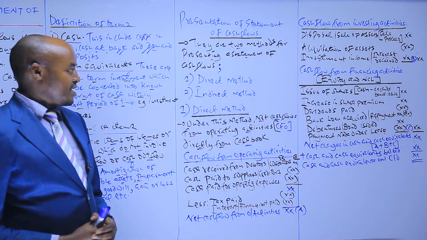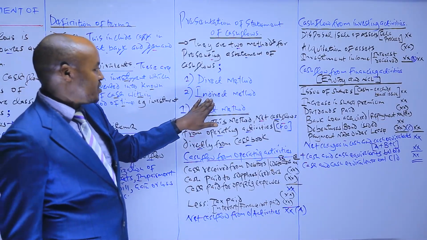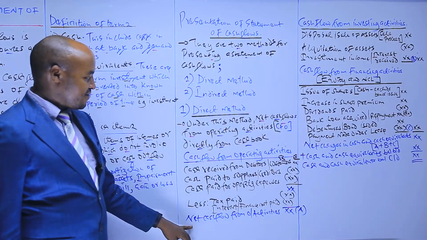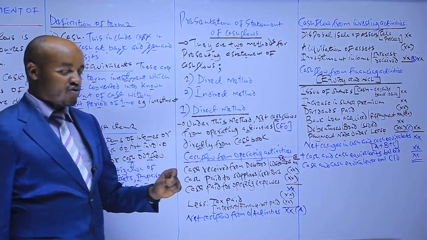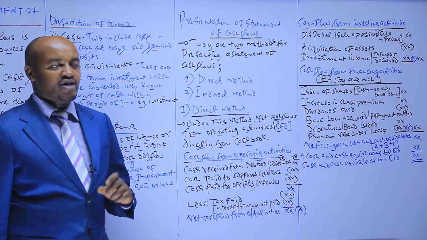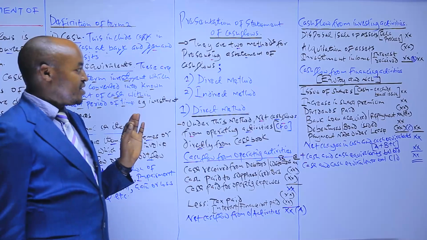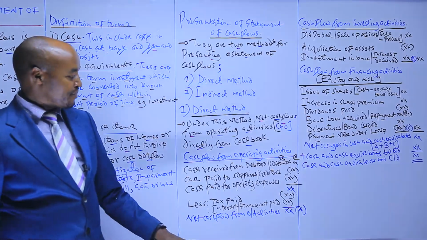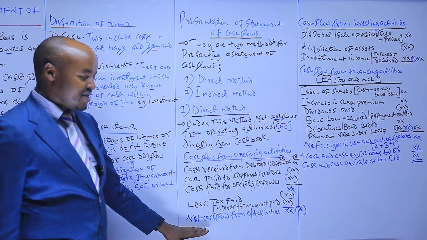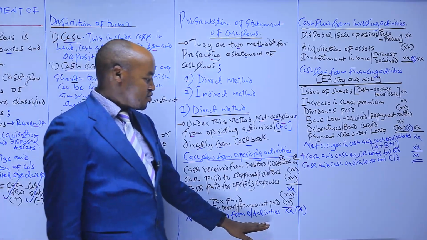Next I want us to look at how we determine the CFO, or the net cash flow from operating activities, using the other method, the indirect method. You have said the difference between these two methods, direct and indirect, is how we determine the net cash flow from operating.